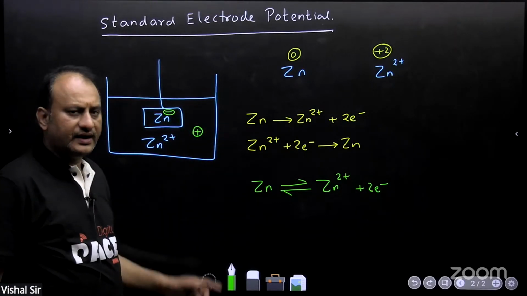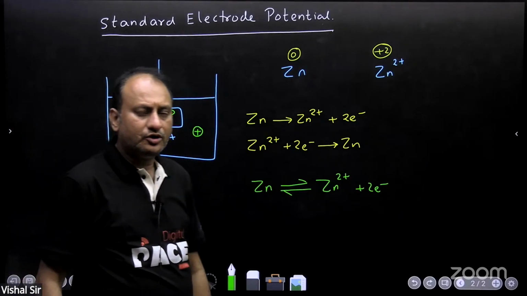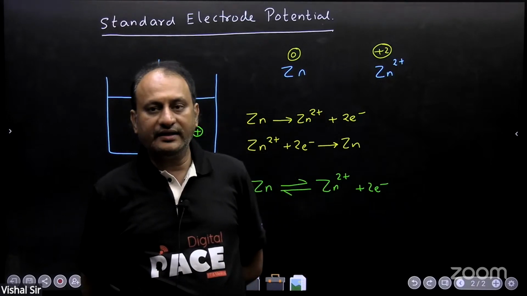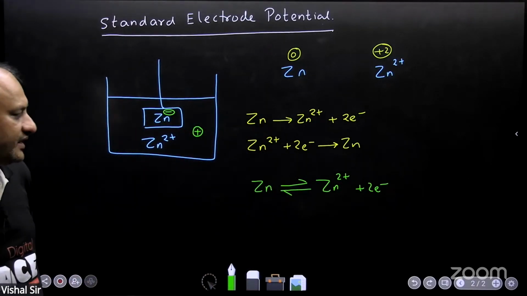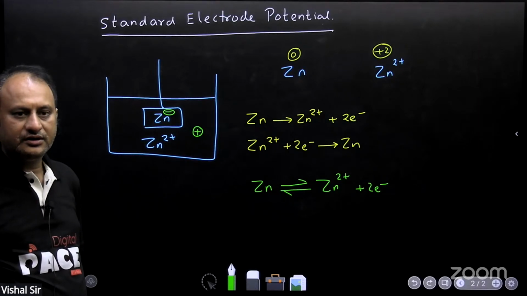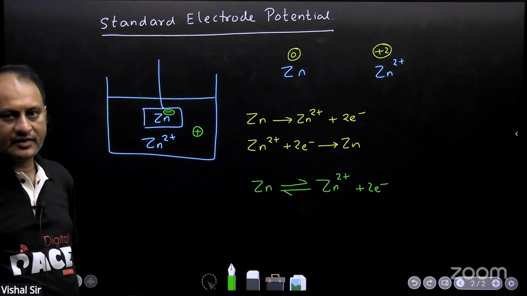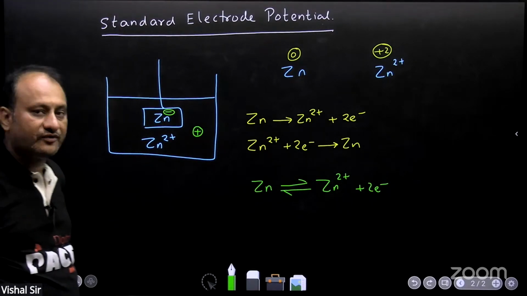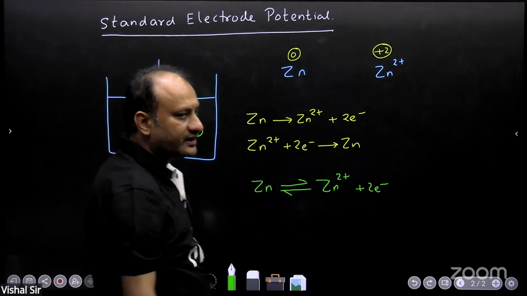We are seeing here that two layers of charges have developed, and these charges are opposite, one on the plate, another in the solution. The potential difference between these two layers of charges is called the electrode potential.